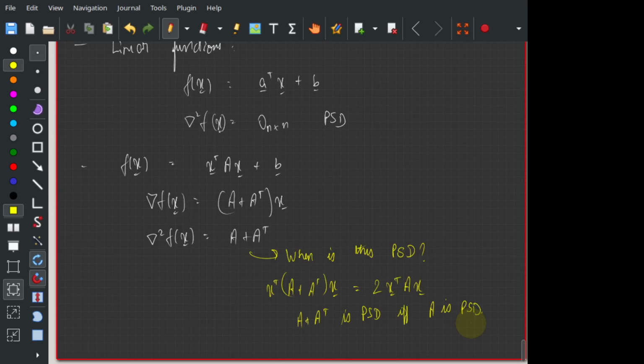So this quadratic x transpose Ax is a convex function only if A is PSD.